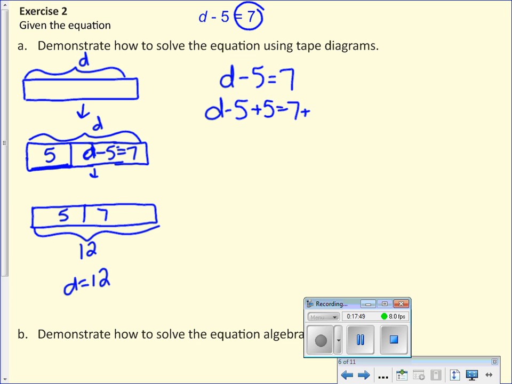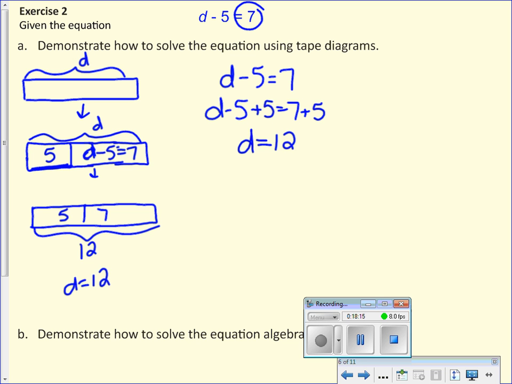So if I add 5 to one side of the equation, I have to add 5 to the other side of the equation. Now I'll follow my PEMDAS rules and solve both sides of the equation. So on the left, D minus 5 plus 5 gives me D. Now I look at the right side, 7 plus 5 is 12. I got the same answer, D equals 12.